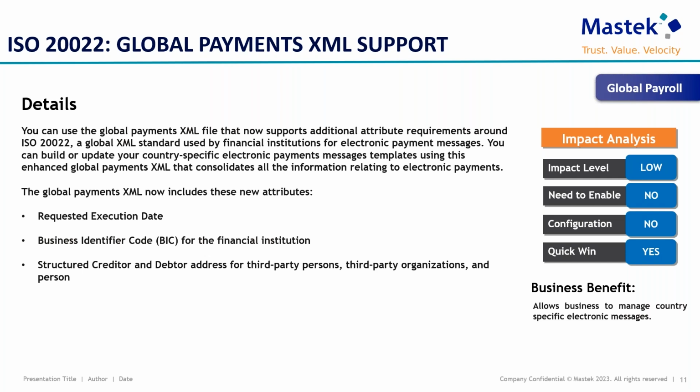So basically all the global payments XML will now include requested execution date. It will also include BIC, that stands for Business Identifier Code, for all the financial institutes, and it will also add creditor and debtor address for third party, so that there is clear visibility of from where the amount has been transferred to which account against the third party organizations.